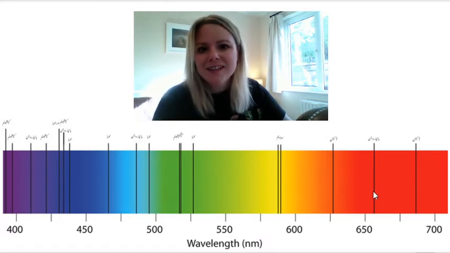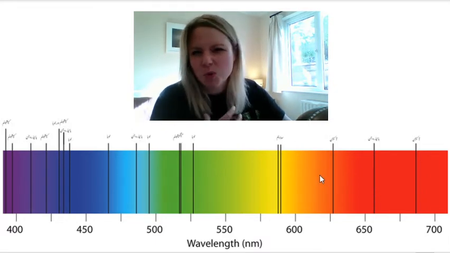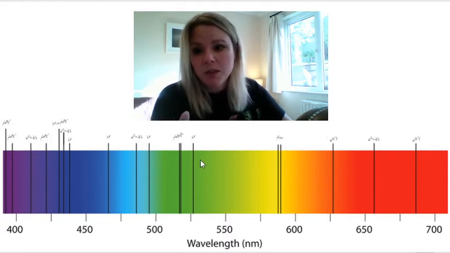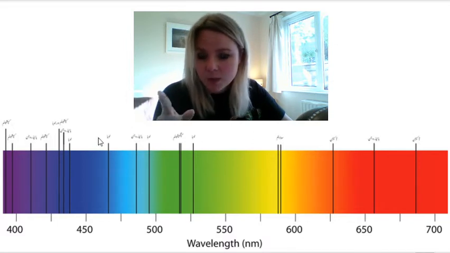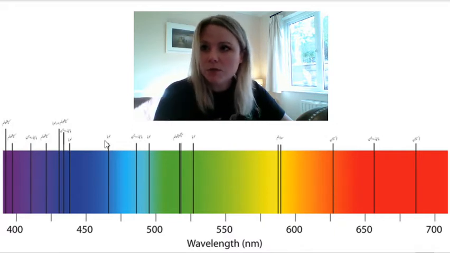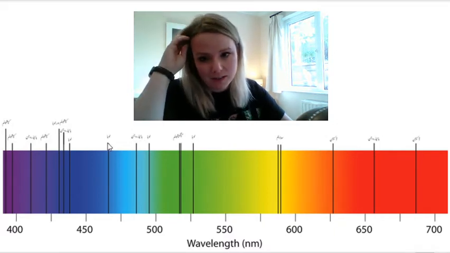But the gases that are in the star end up absorbing some of the wavelengths of the light, and that's what these wee black lines here correspond to. So there we would call them absorption spectra. Now, this is just a random example I got from Google, but it's just to remind you about that before we look at what happens whenever we look at these absorption spectra from distant stars and distant galaxies.